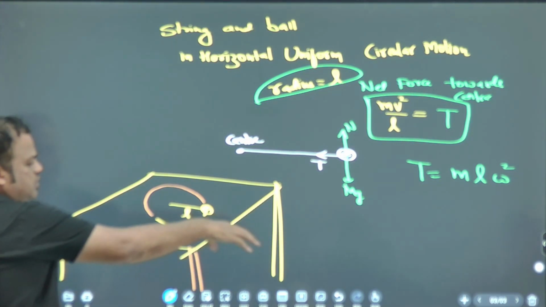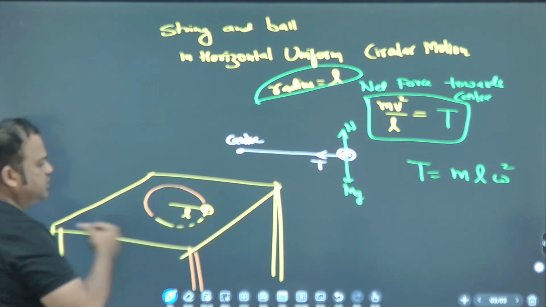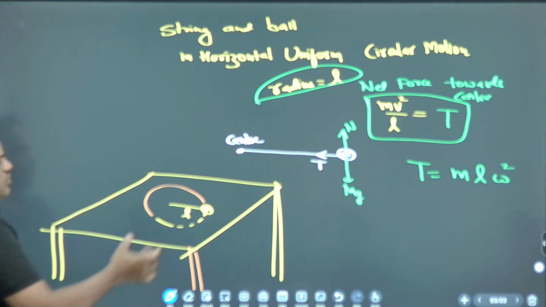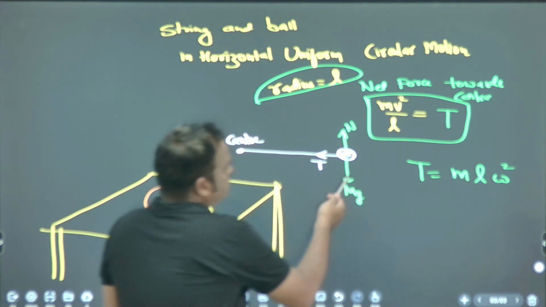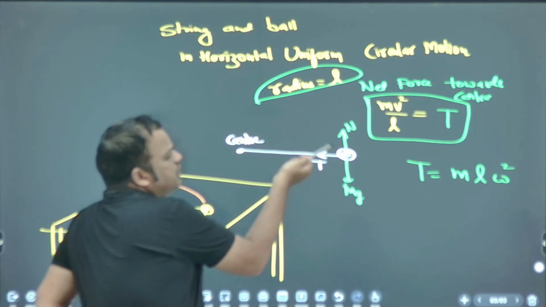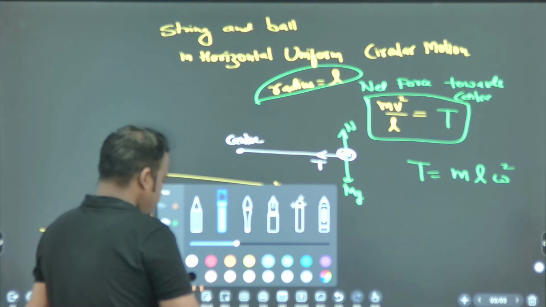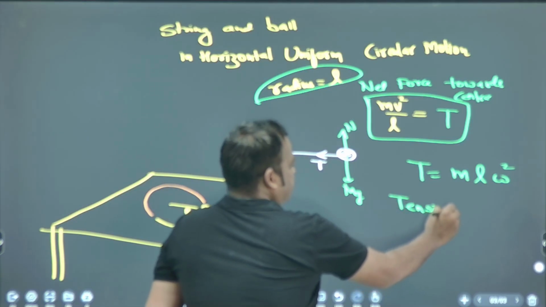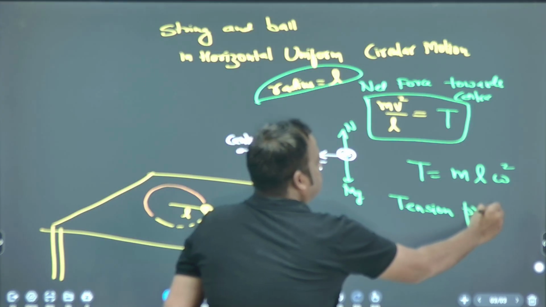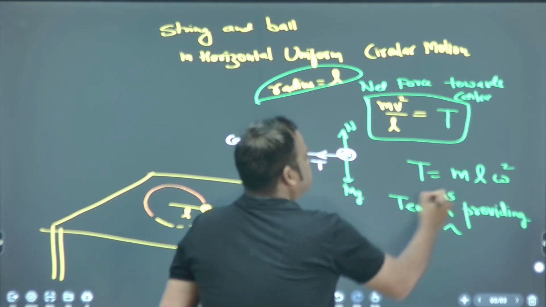So note down, suppose there is a ball performing circular motion like this. The string length is L. So who is providing centripetal force here? Tension. Note down: tension is providing centripetal force.